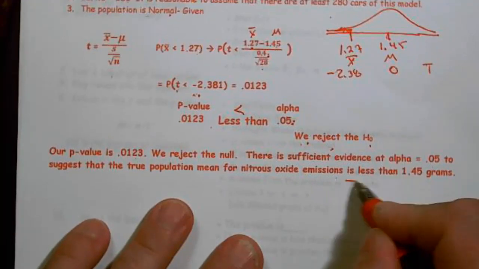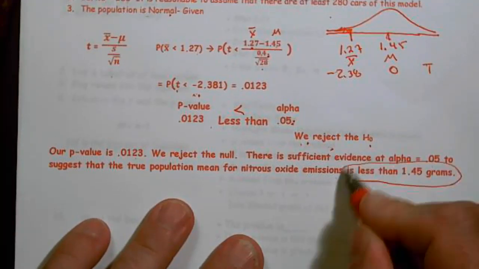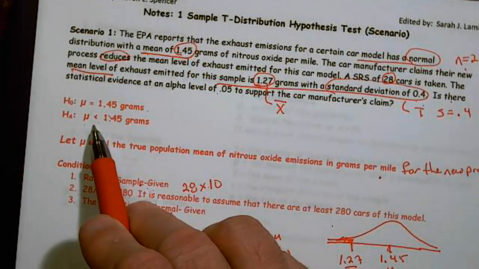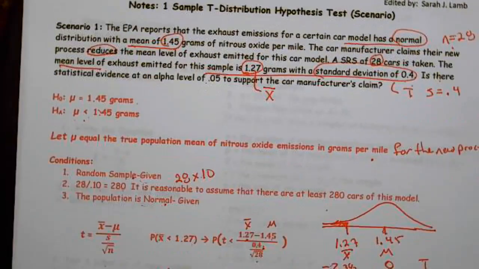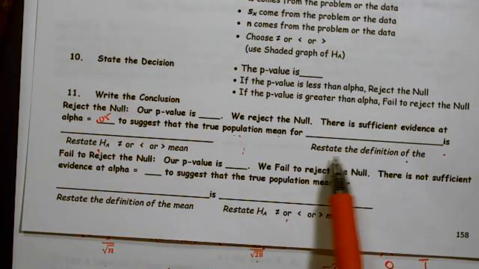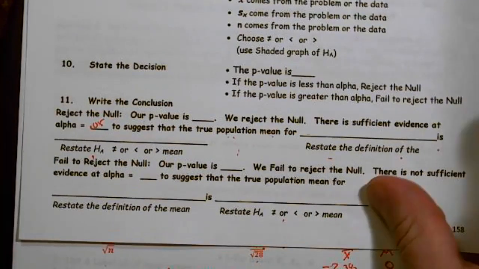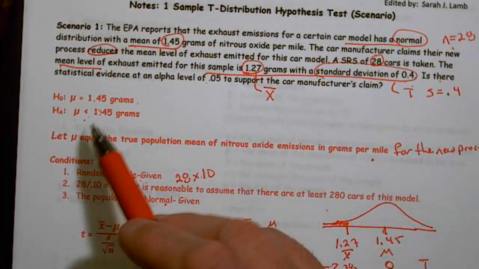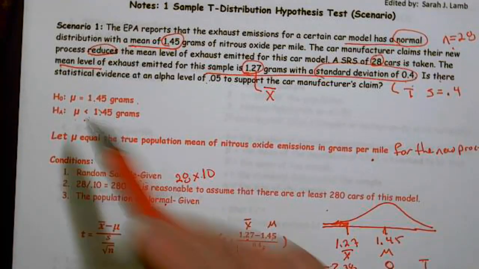Let me tell you where this came from. That's exactly what I have here for my alternative, less than 1.45. That's what it means by restating the alternative down here at the bottom: restate HA, in this case, less than 1.45.